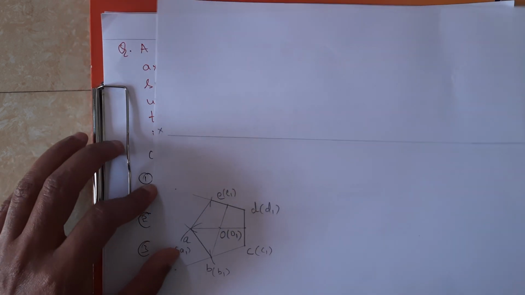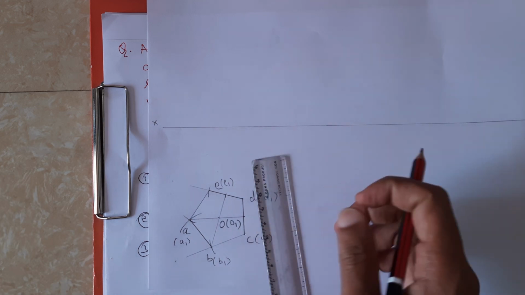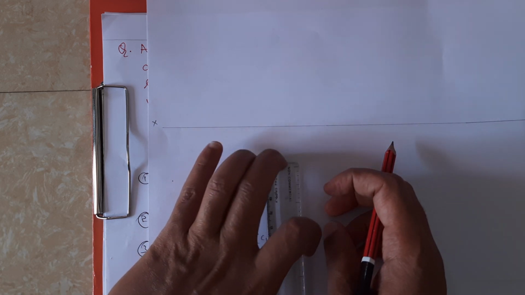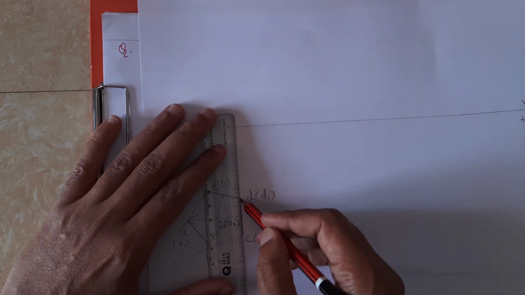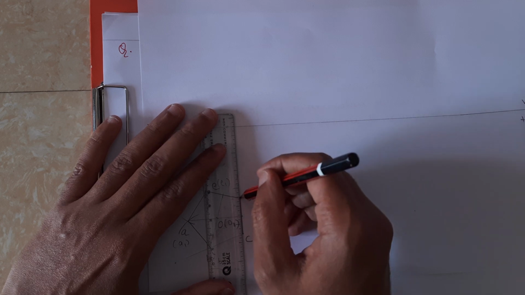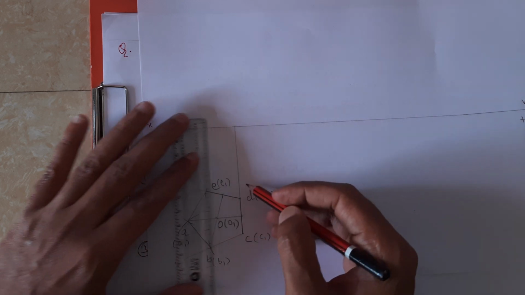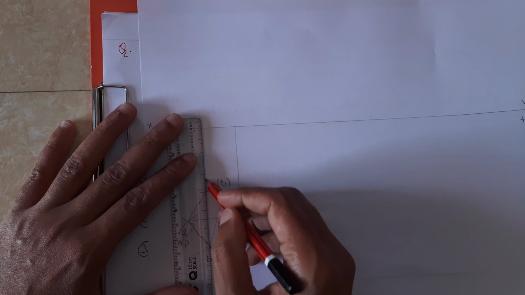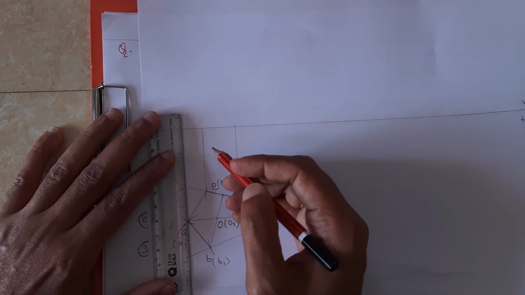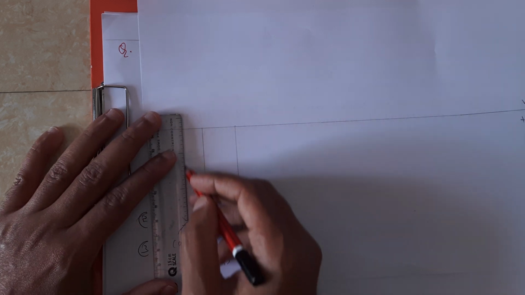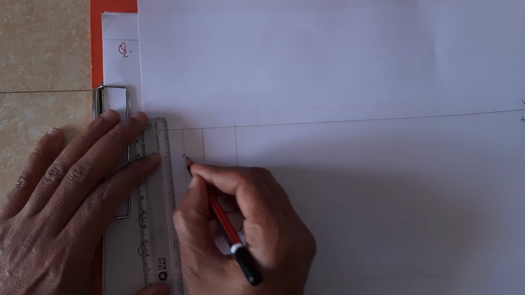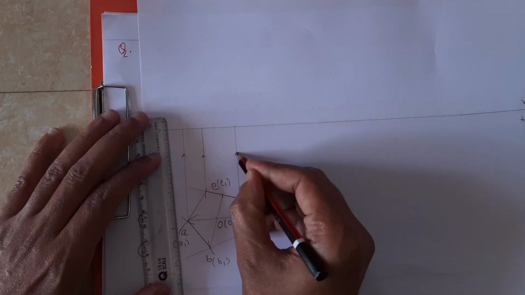Next we need to draw the projection upwards from all the corners like this until it touches the XY line. So these are the projectors.